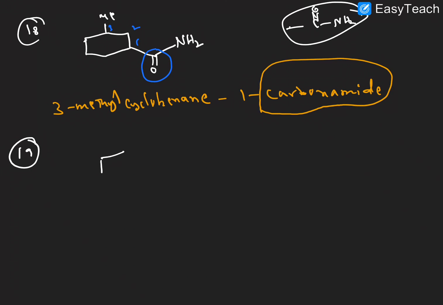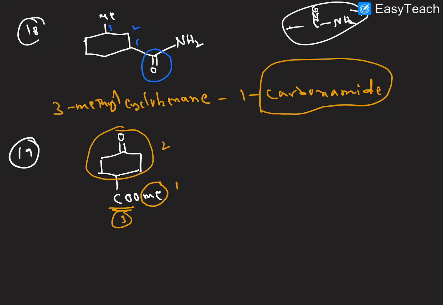Next one here, the 19th example. Here the ketone is there and an ester is there, so the methyl. Now first we give the name for this compound, then the cyclic compound, then the functional group. Okay, first one, second one, third one, this is what we generally have to follow. So now what is the name here? What group is there in the first position?